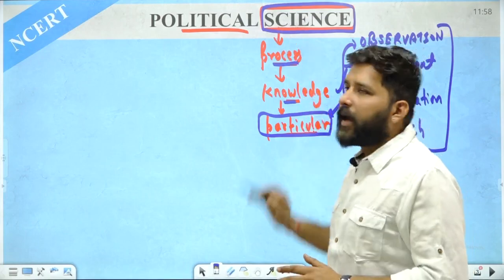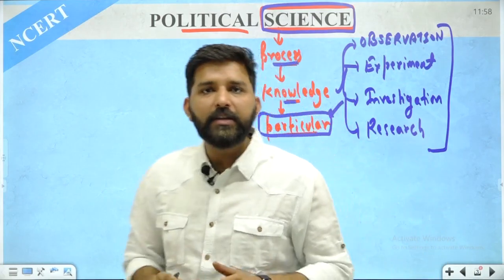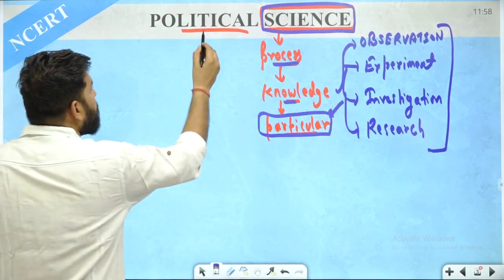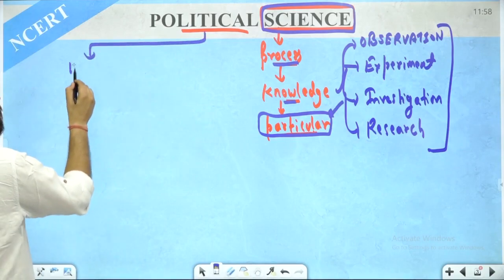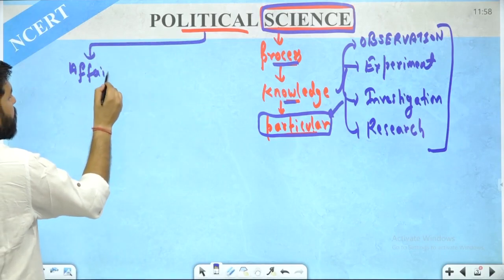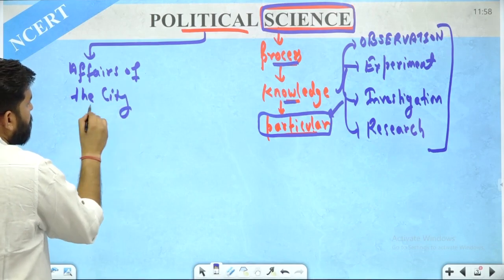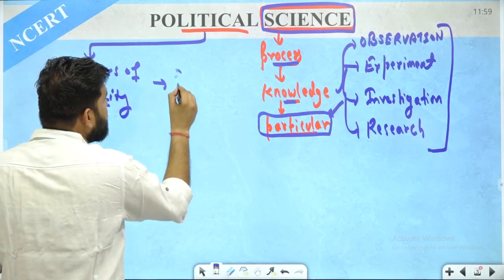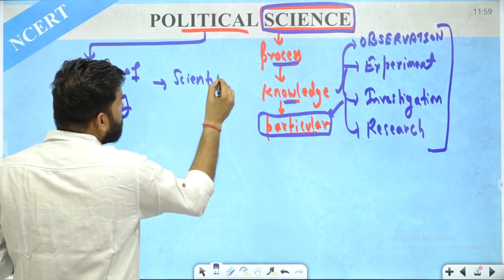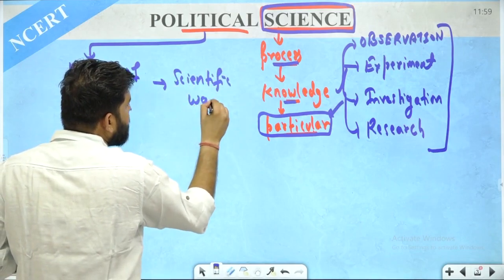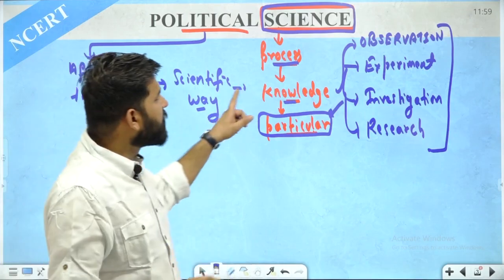Now, if we look at the proper definition of political science, we have already studied that political means the affairs of the city. Now, when we study these affairs in a scientific way, what is the scientific way?